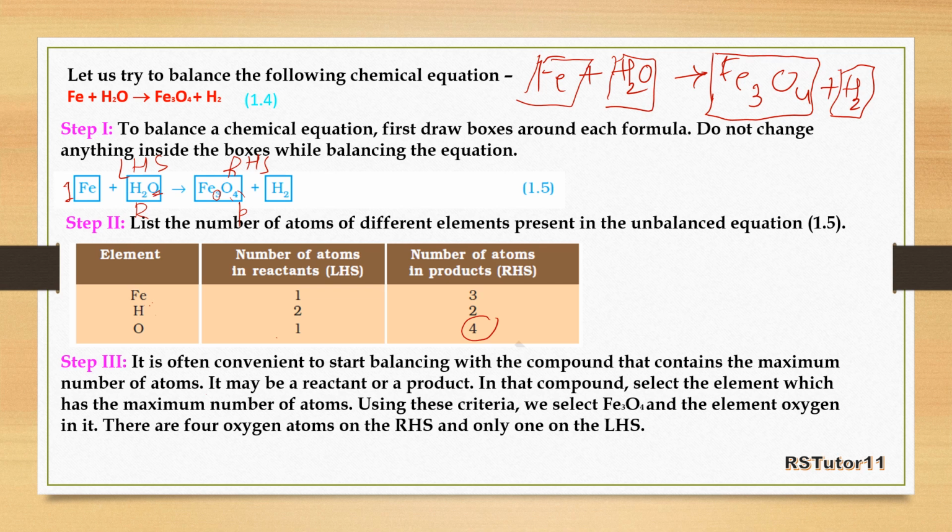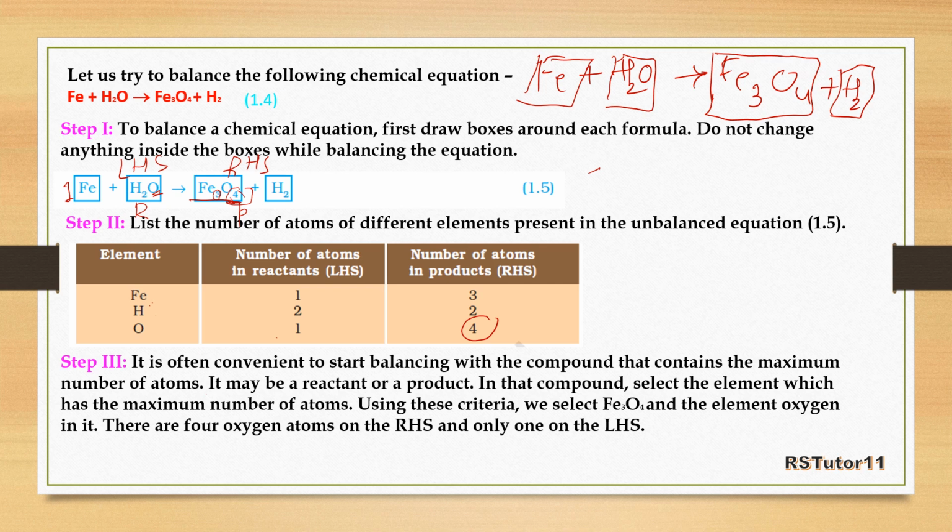What step 3 is saying is that for balancing the equation, we look for the compound that contains the maximum number of atoms. Fe3O4 has the maximum number of atoms. It may be a reactant or a product; we don't care which, we can take from any of them.